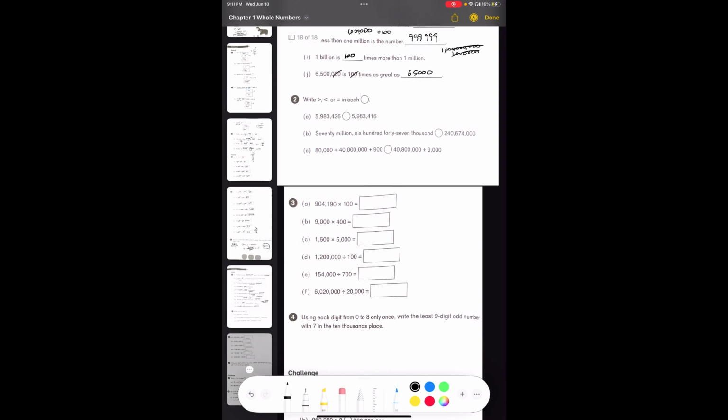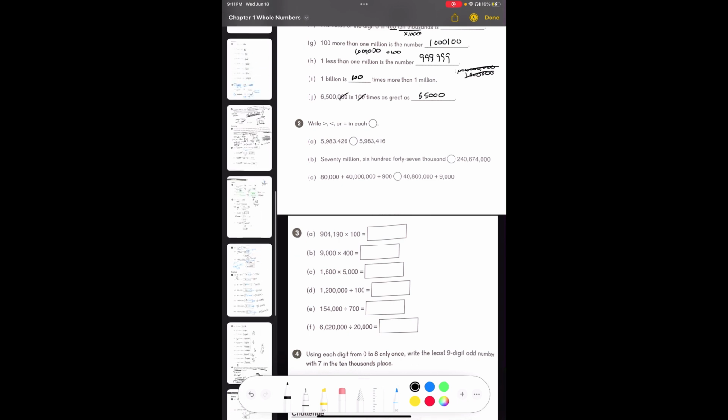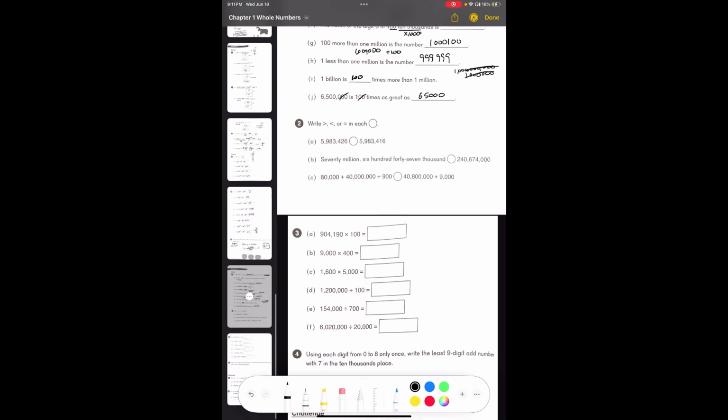Number 2, write greater than, less than, or equal to in each circle. I will write down the answer again, because by now you should know how to do it. And I'll be back to you when I'm done with this.